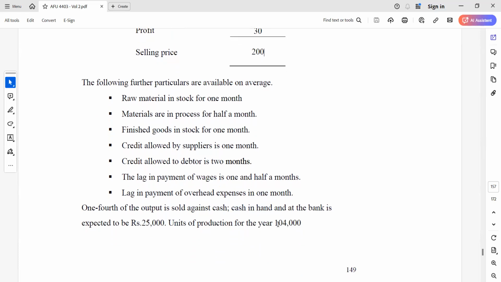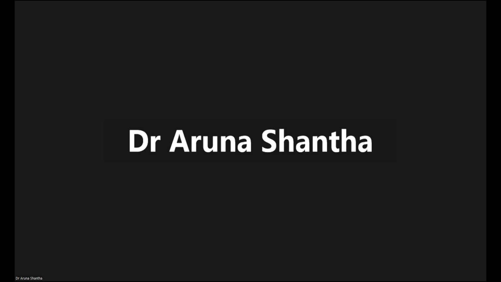Number of units for the year, 104,000. So the output level is 104,000. Now you have to calculate the working capital requirement. So you get the current assets and current liabilities. Now let's calculate.